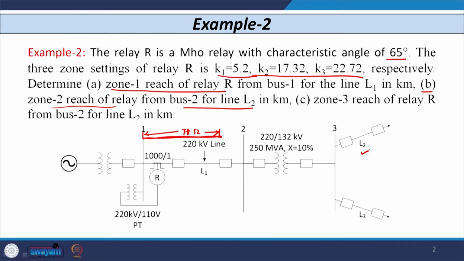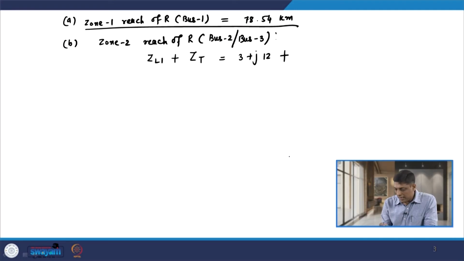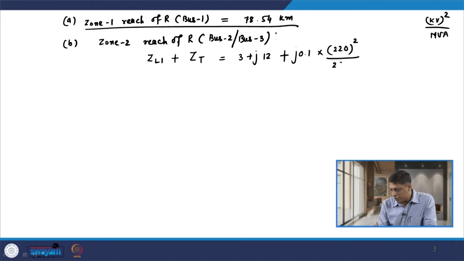Here the transformer reactance is given as 10% and line L1 is on the 220 kV side. The MVA and voltage are given, so we can easily find the reactance of this transformer. That value is j10%, so 0.1 into kV square divided by MVA, where kV is 220 kV whole square and MVA is 250.